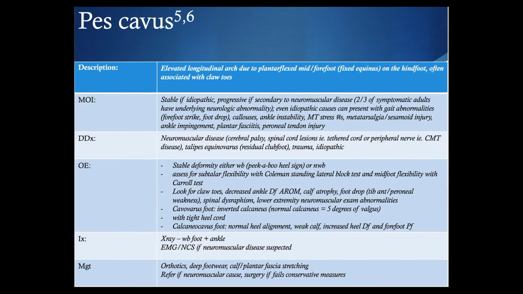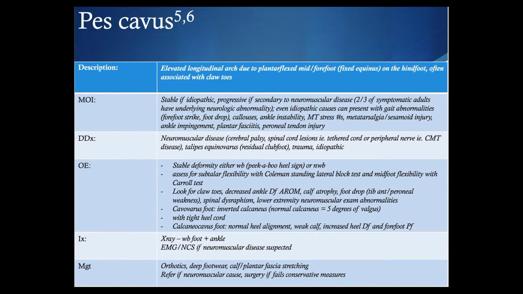Looking at pes cavus, the opposite end of the spectrum, defined really as an elevated longitudinal arch due to plantar effects of the mid and forefoot on the hindfoot, often associated with claw toes. If idiopathic, it is often stable, but it can also be progressive, secondary to potentially a neuromuscular disease.